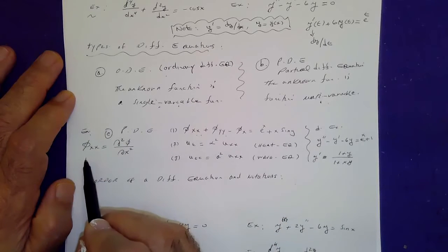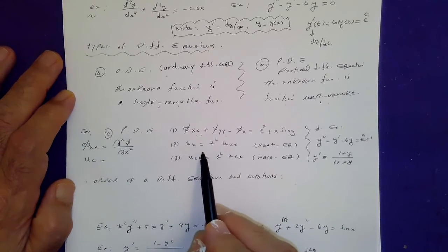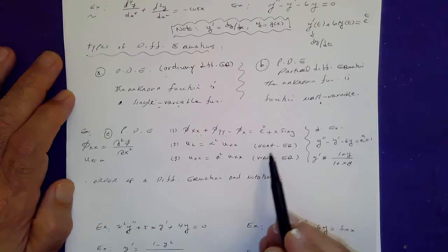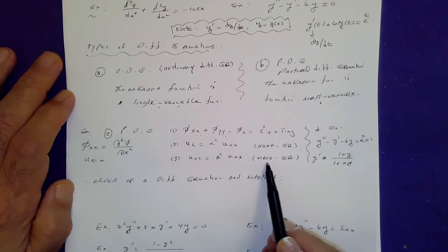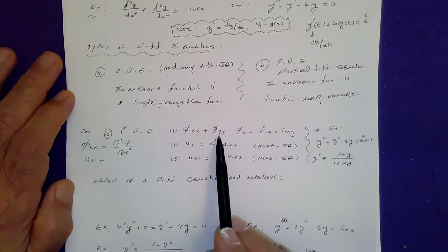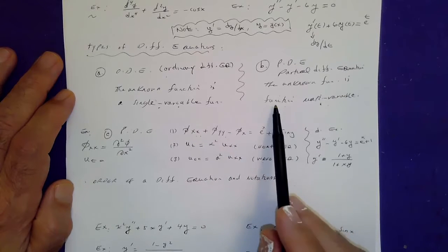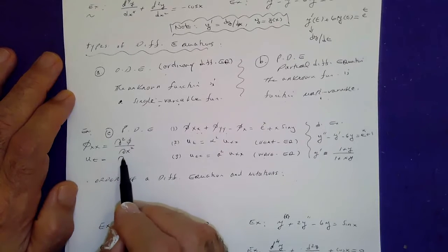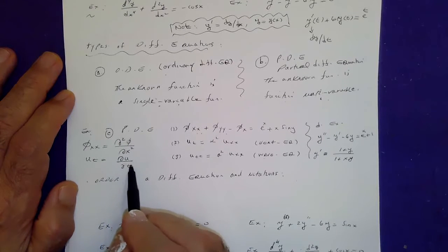So something like ut here in this equation, by the way, this is the equation for heat. And the third equation is the equation for the wave. Notice all of these equations are PDE type, which involve multivariable functions. So ut is the partial derivative of u with respect to t.